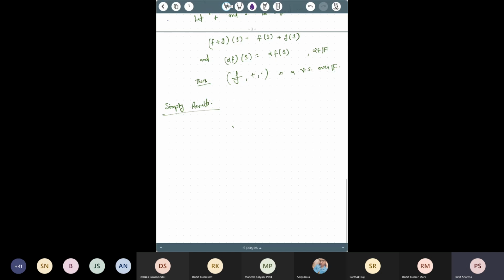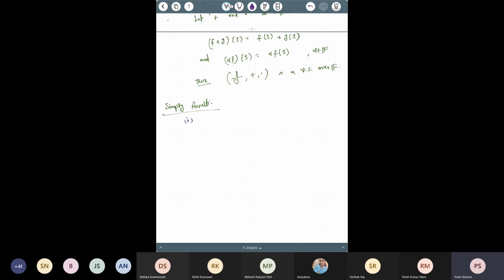So we have defined the vector space. We have also looked at some examples of vector space. Now let us look at some simple results. These are very obvious things, but I want you to realize that although they look very easy, we use them very frequently, but some of you might not be aware of these things.